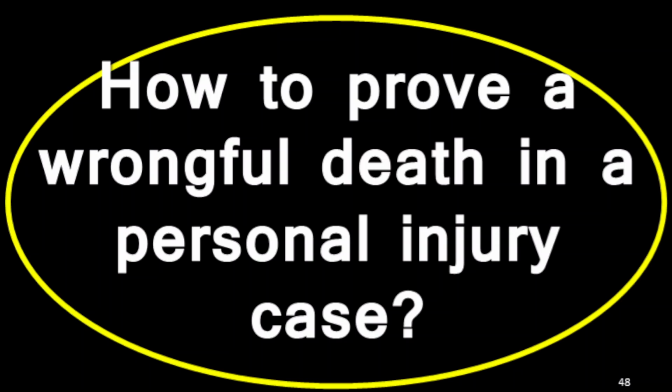Typically, the following individuals can file a wrongful death lawsuit: spouses, children, biological or adopted, parents if the deceased was a minor, and in some cases extended family members or legal dependents. This relationship must be documented, often through a marriage certificate, birth certificate, or proof of dependency.